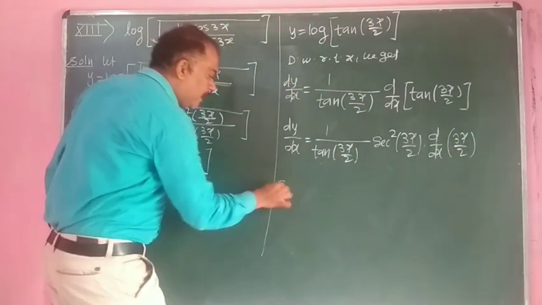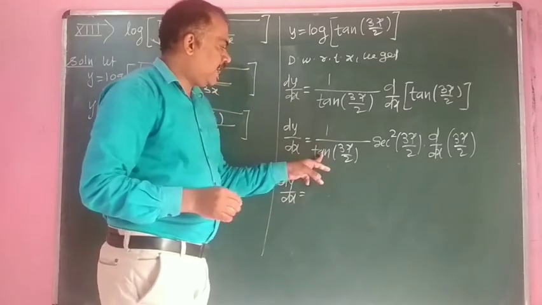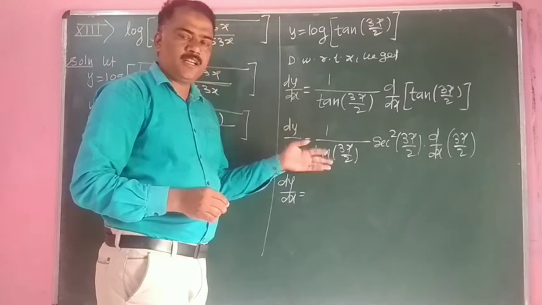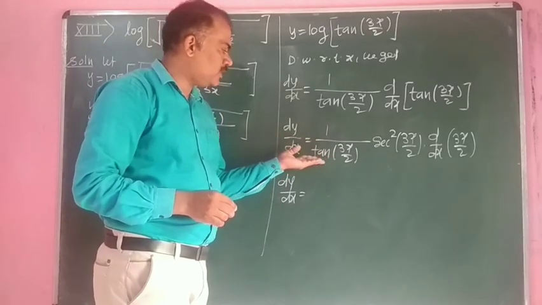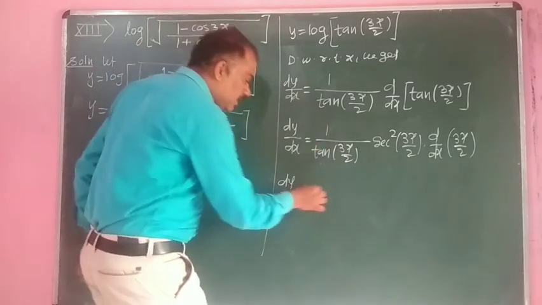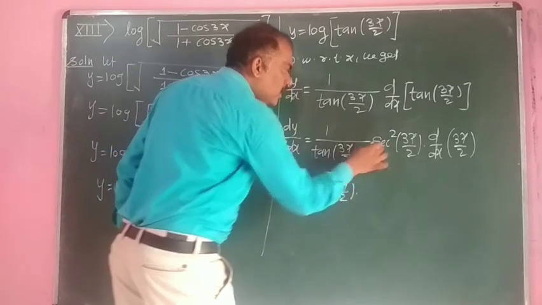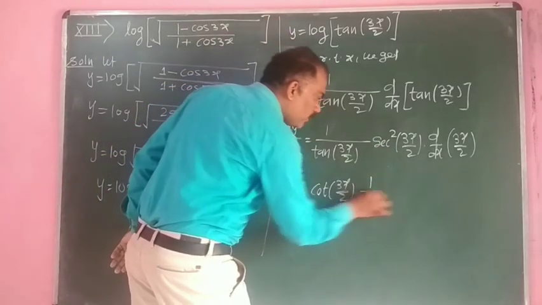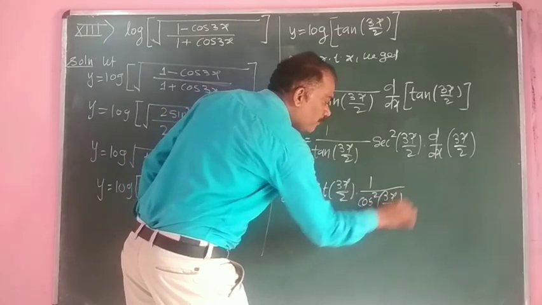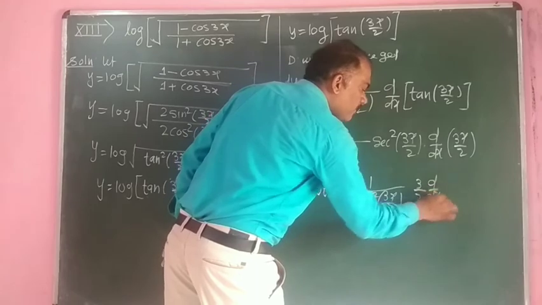Since tan is sine upon cos and it is in the denominator, we take its reciprocal: instead of 1 upon tan 3x by 2 it is cot 3x by 2, into sec square, which is 1 upon cos square 3x by 2, into 3 by 2, a constant taken outside the derivative, into d dx of x.